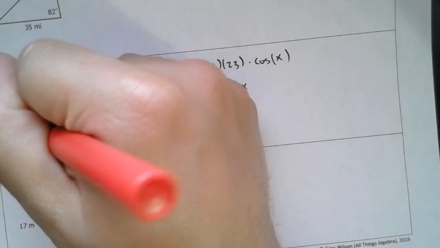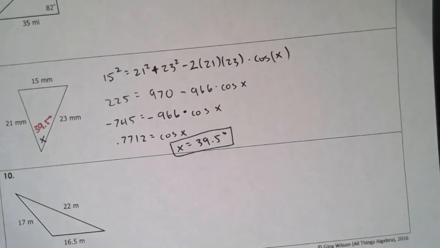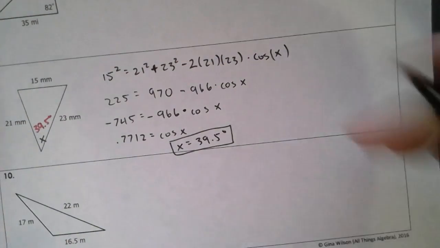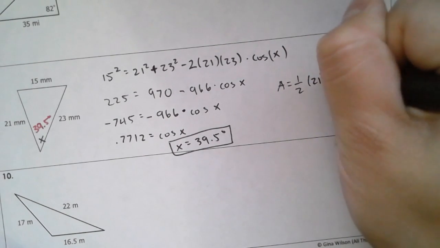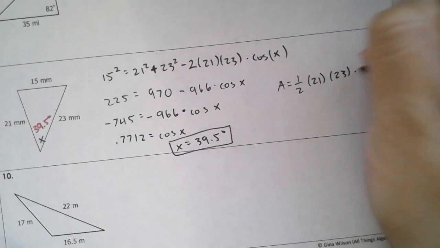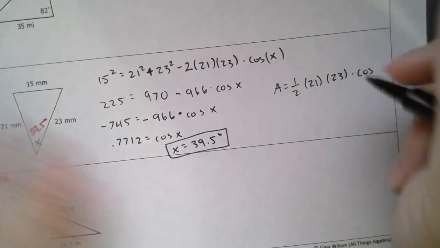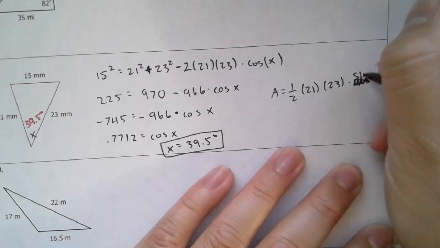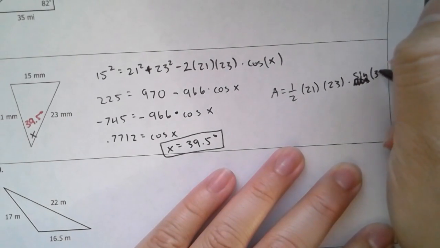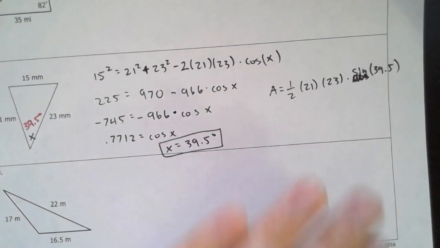Okay, so this angle is 39.5, so now I can plug into my formula using these 2 sides and this angle. So the area is equal to 1/2 times 21 times 23 times the sine, not cosine, whoops, sine of 39.5.